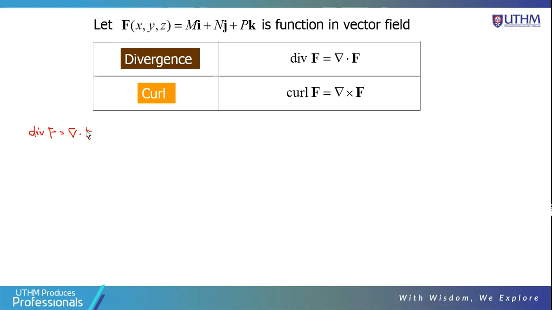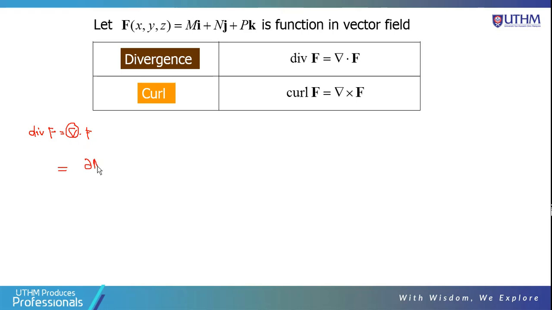Okay, so tolak kali ni, partial P partial X, kali dengan tolak partial N partial Z. So this one for j. Okay, last one baru lagi plus tutup k. So partial N partial X tolak partial M partial Y, settle. So this one is for the curl F.